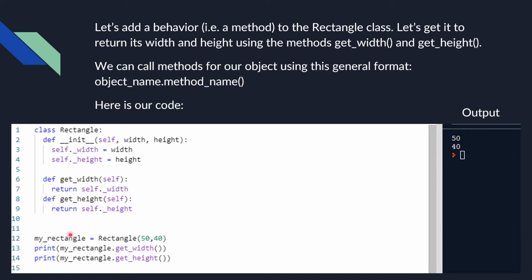For example, here we made a rectangle from the last slide, and then we're going to get its width and get its height, calling these two behaviors from within its class, and then print whatever these two functions return, which is the rectangle's width and height, 50 and 40.